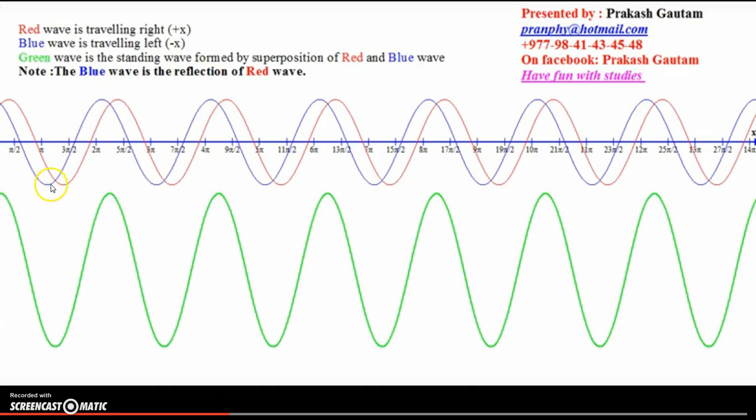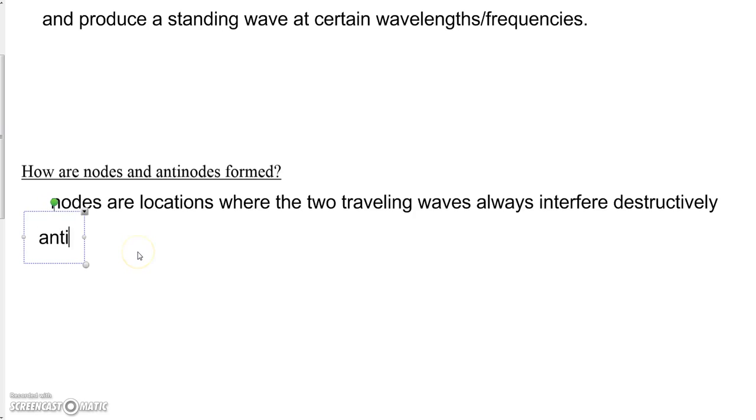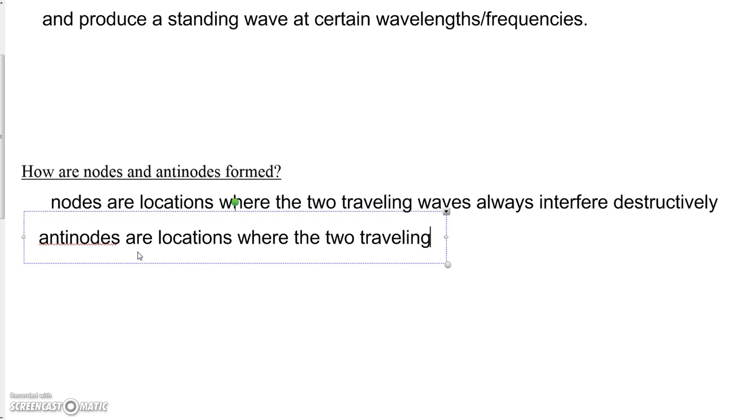If red is negative, blue is too. If red is positive, so is blue. So this antinode location is a spot where we always have constructive interference. So let's write that down. Antinodes are locations where the two traveling waves always interfere constructively.